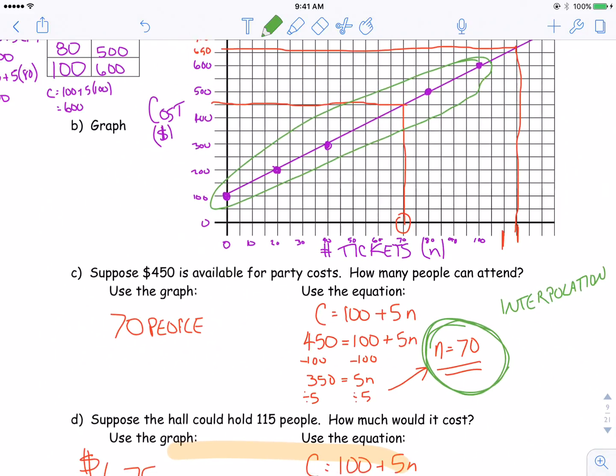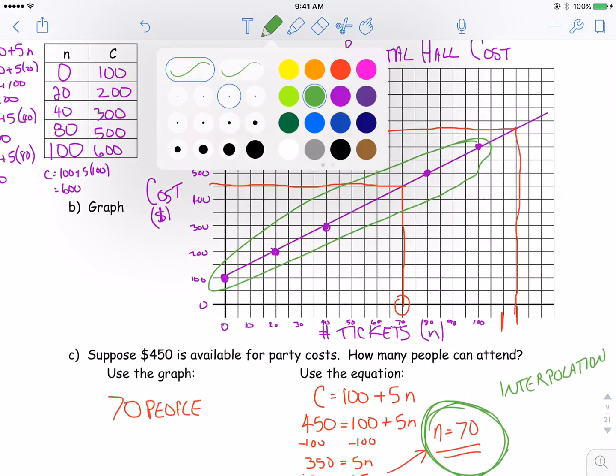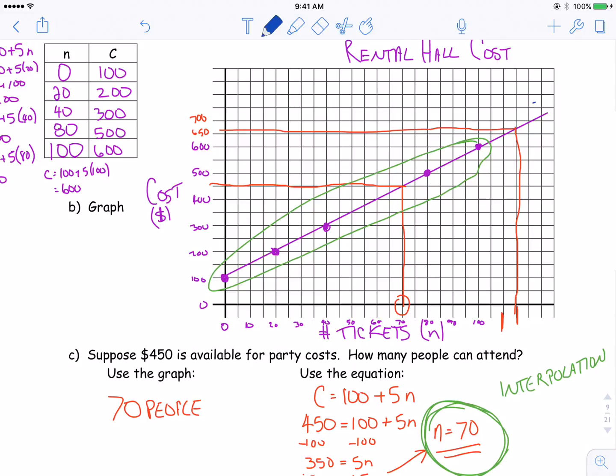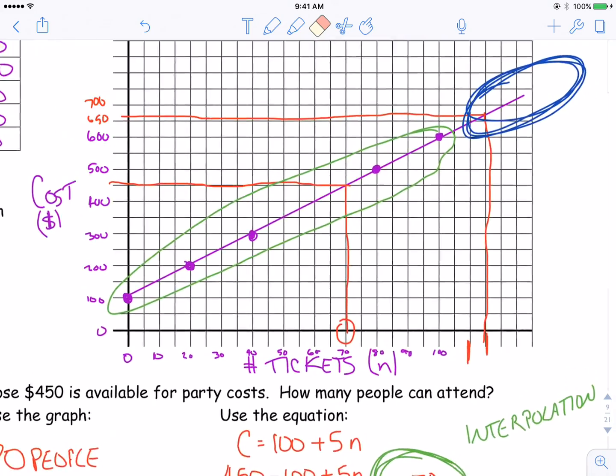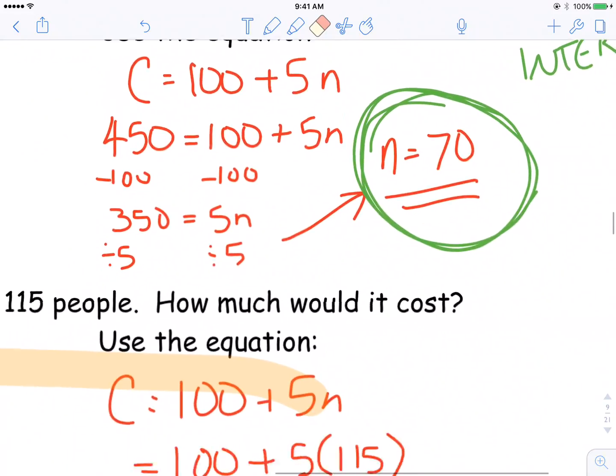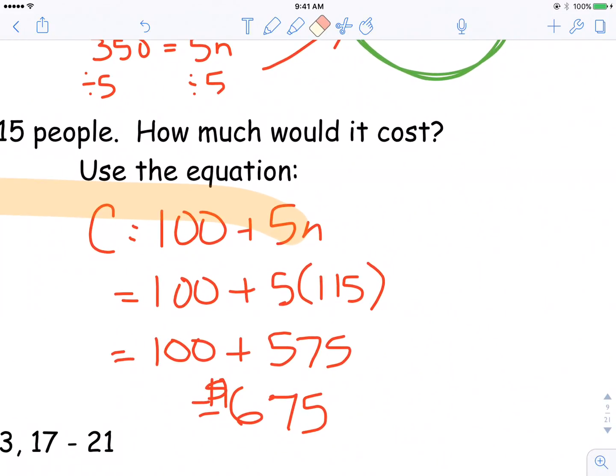If I ask information or data about something that's outside what I've graphed and I have to extend my graph further, well, that's adding extra to the graph. This then would be extrapolation.